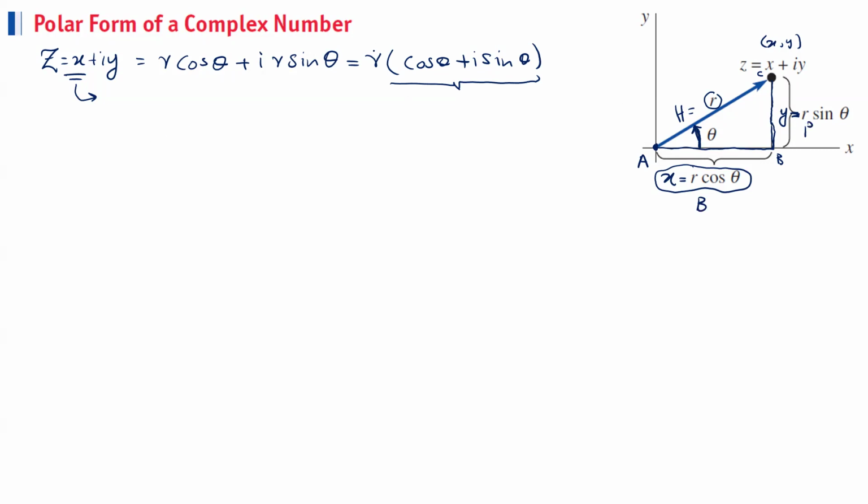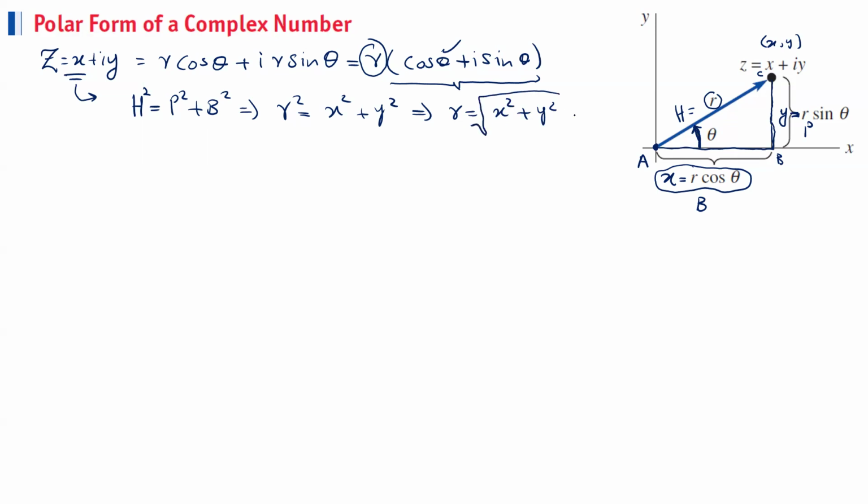So I can easily find r and theta using this triangle. Hypotenuse square equals perpendicular square plus base square, so r square is equal to x square plus y square. So r is equal to the square root of x square plus y square.